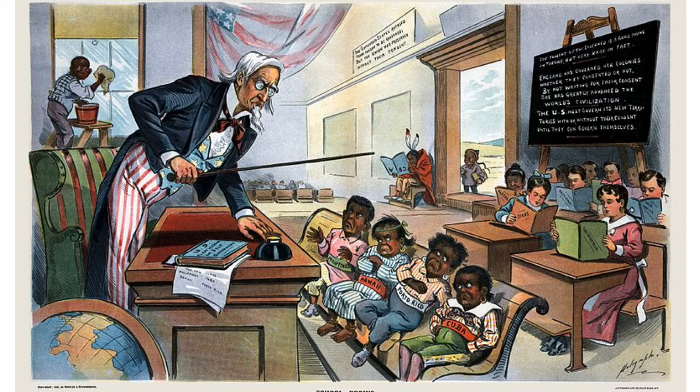And who is he educating? Well, you can see in the front row, you have Cuba, Puerto Rico, Hawaii, the Philippines, and the people of those countries are not pictured as mature adults. Do they look like they are equals to Uncle Sam?